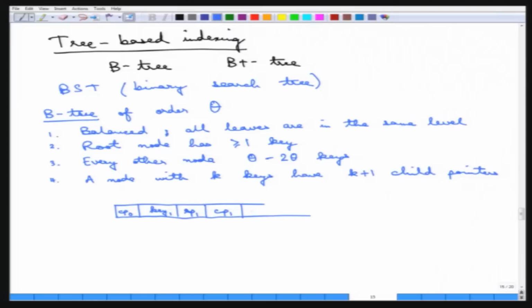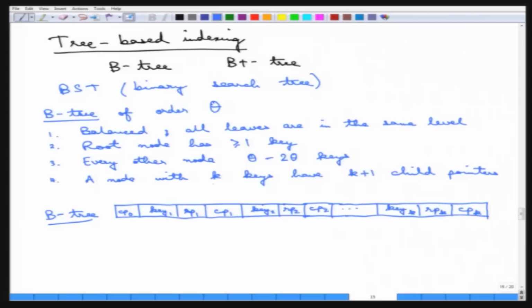Then there is a key 2, then there is a record pointer 2, then there is a child pointer 2, and so on. It goes on like this till key k, then there is a record pointer k, and then there is a child pointer k. This is a B tree internal node with k keys.